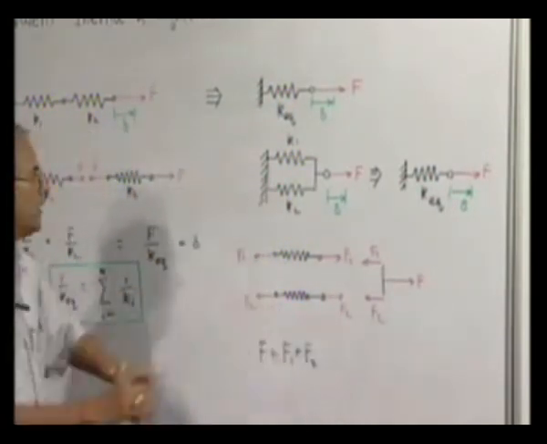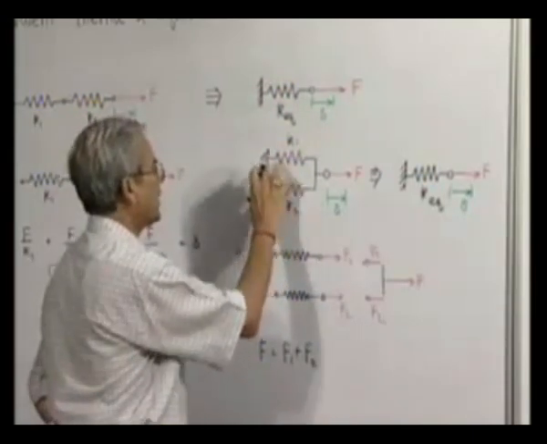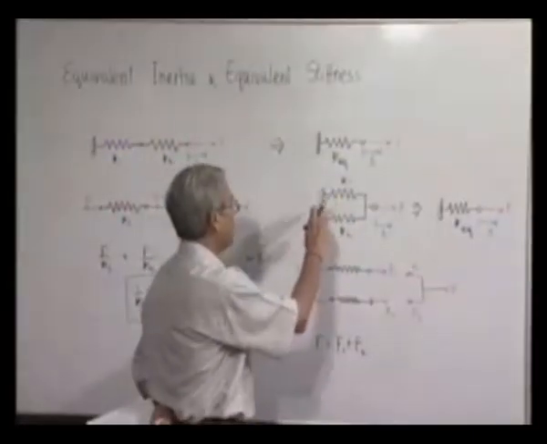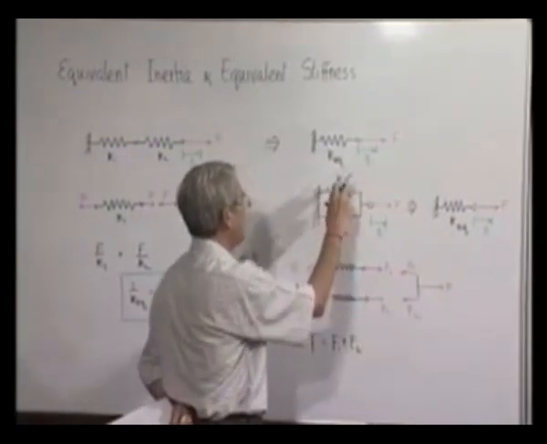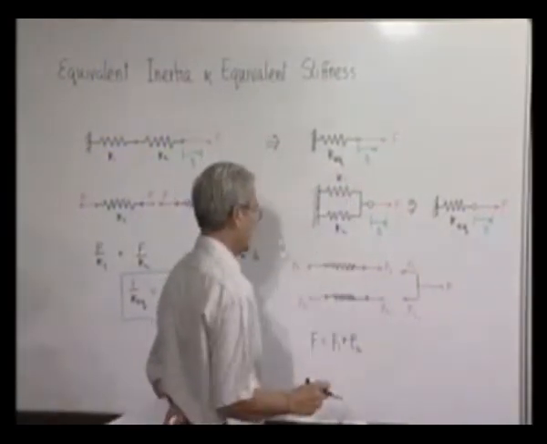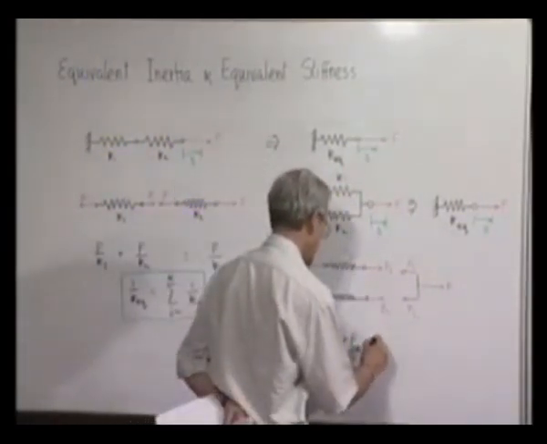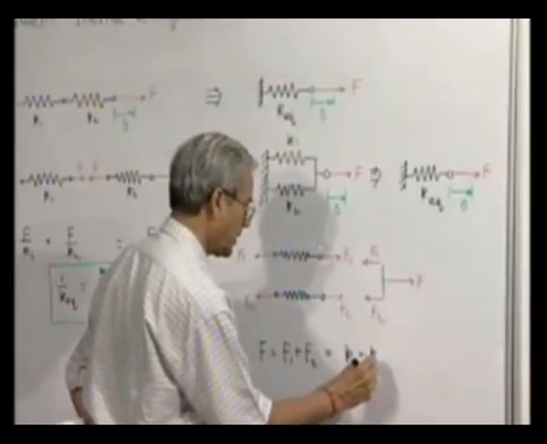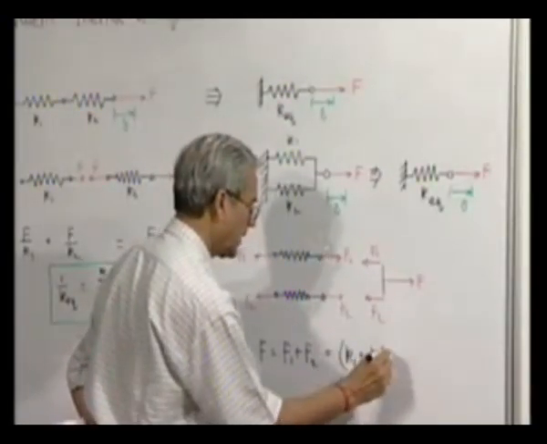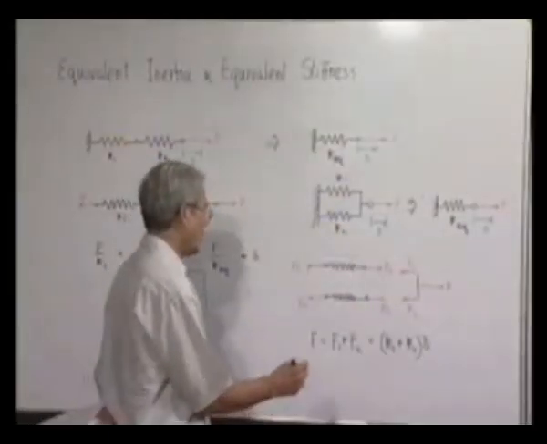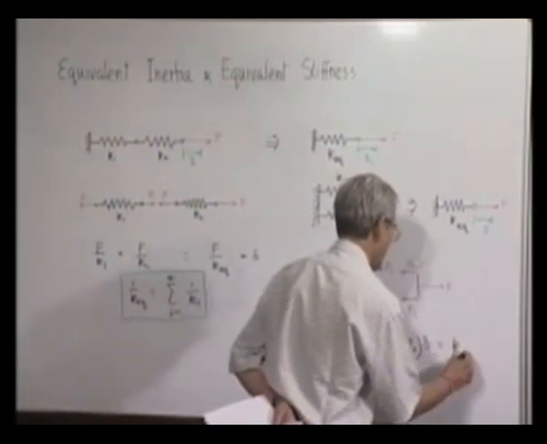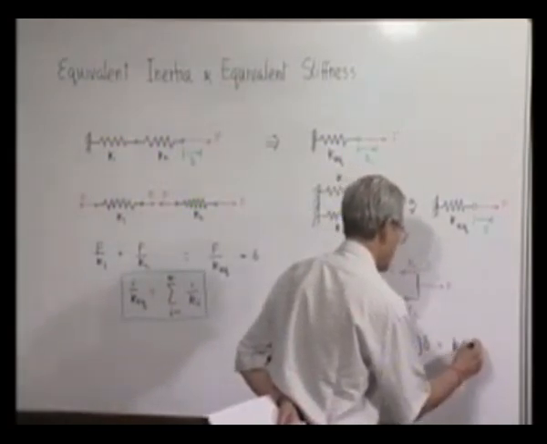And how much is F1? Now, both the springs have undergone the same amount of stretch, which is delta. So therefore, the force in this will be K1 into delta, and the force in this will be K2 into delta. So this is nothing but K1 into delta plus K2 into delta. We can take delta outside. We also know that this force is the same as K equivalent into delta.